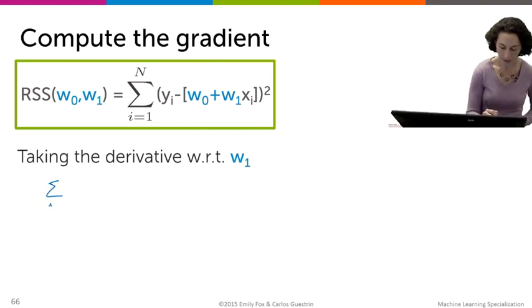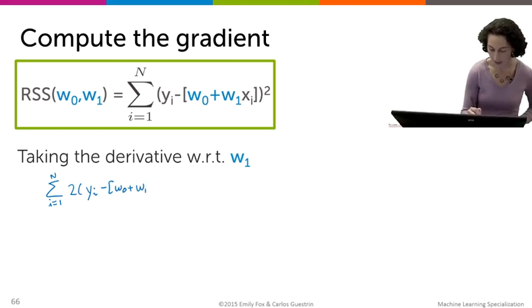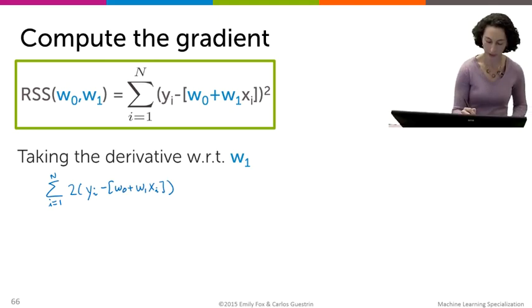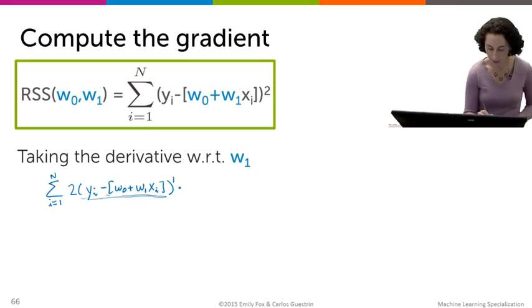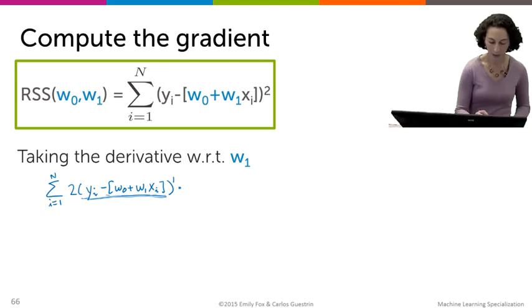So let's go ahead and now take the partial with respect to W1. Again, I'm pulling the sum out. Same thing happens where I'm going to bring the 2 down, and I'm going to rewrite the inside part of the function, raised just to the 1 power. When I take the derivative of this inside part with respect to W1, all these things are constants with respect to W1, but what's multiplying W1?